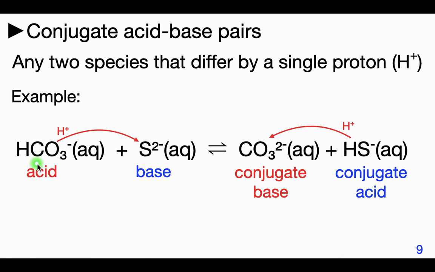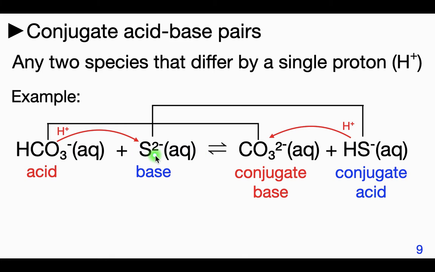Now, an acid and its conjugate base, and a base and its conjugate acid, are what we mean when we refer to something as conjugate acid-base pairs. So the bicarbonate and the carbonate are conjugate acid-base pairs, and the sulfide and the bisulfide are conjugate acid-base pairs.